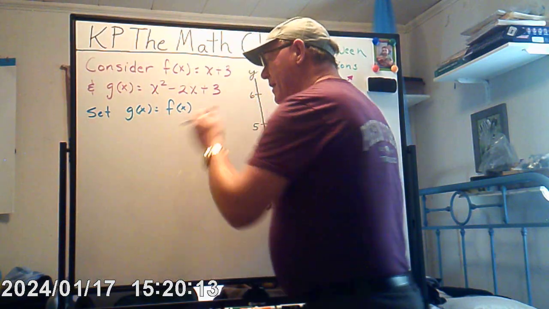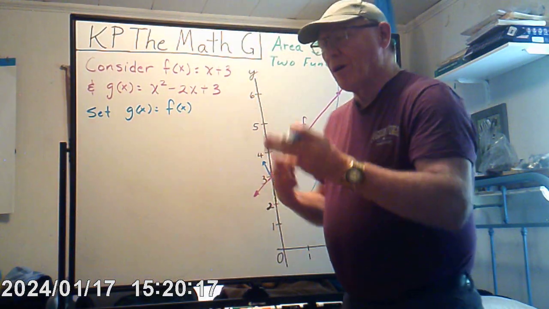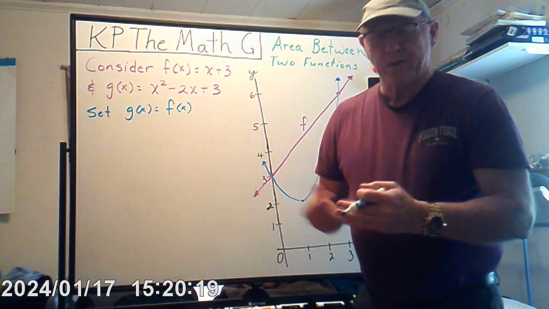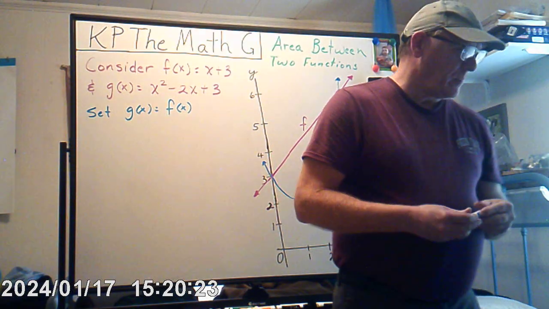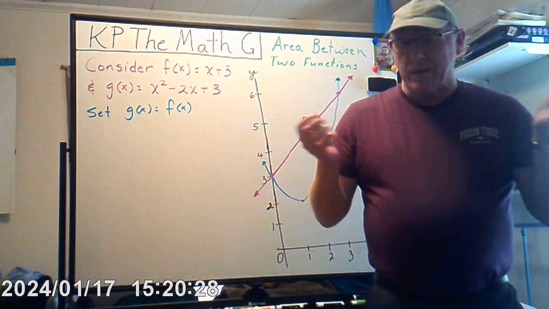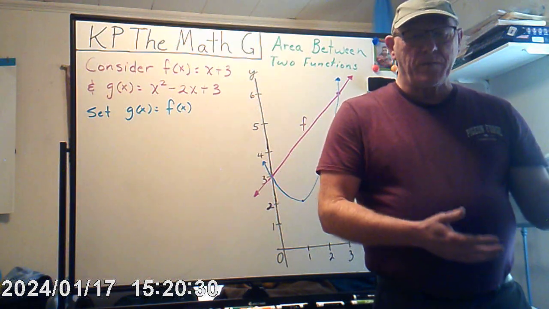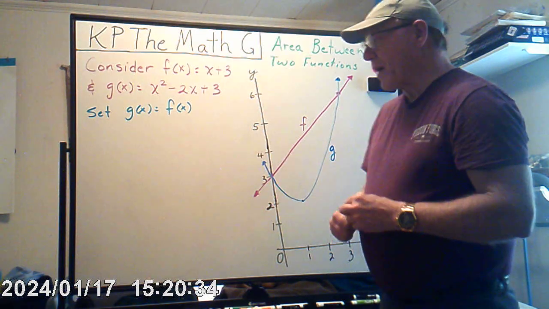Now you could have turned that around and said f of x equals g of x. That's always how you find points of intersection. You can draw this out on your calculator, and you can get the intersection points from your calculator. That's all right. But I want to do this by hand.